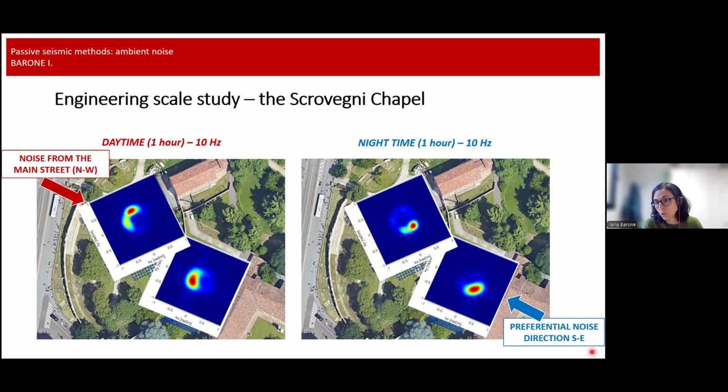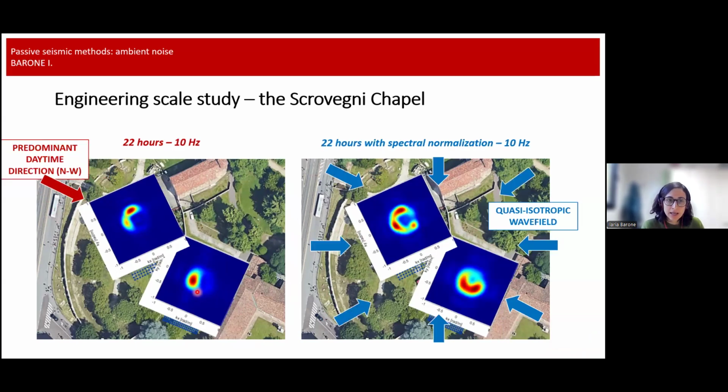But that was not a bad thing, because somehow it's complementing the direction of origin of this noise. And if we apply beamforming for the whole 22 hours, we have a very similar picture to the daytime beam spectrum, because the daytime noise is dominant.